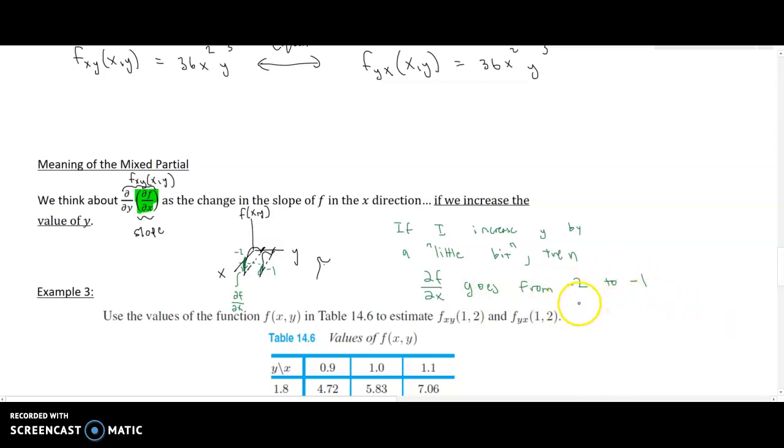So that means the slope, i.e. the slope in the x direction, is less negative. So that's all we're doing here: we're looking at slopes and comparing those slopes for different values of y. We could do the same thing for the x direction.